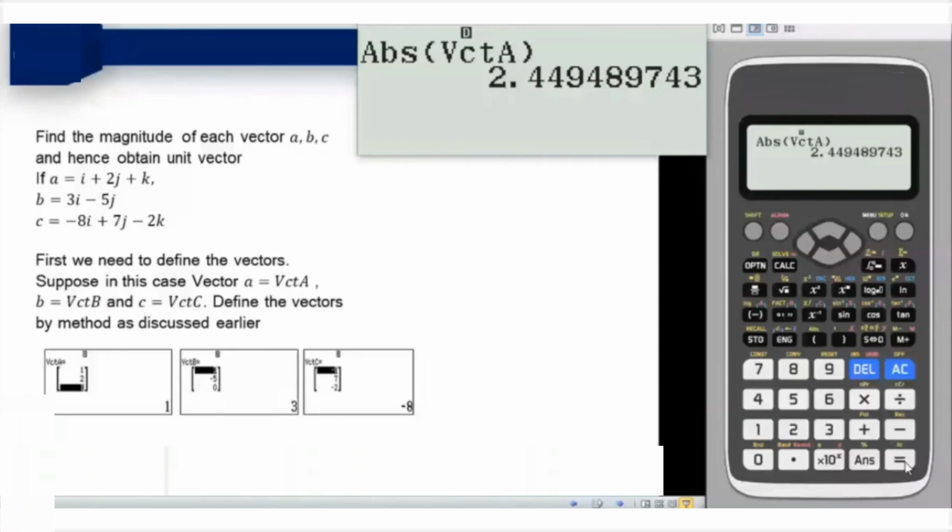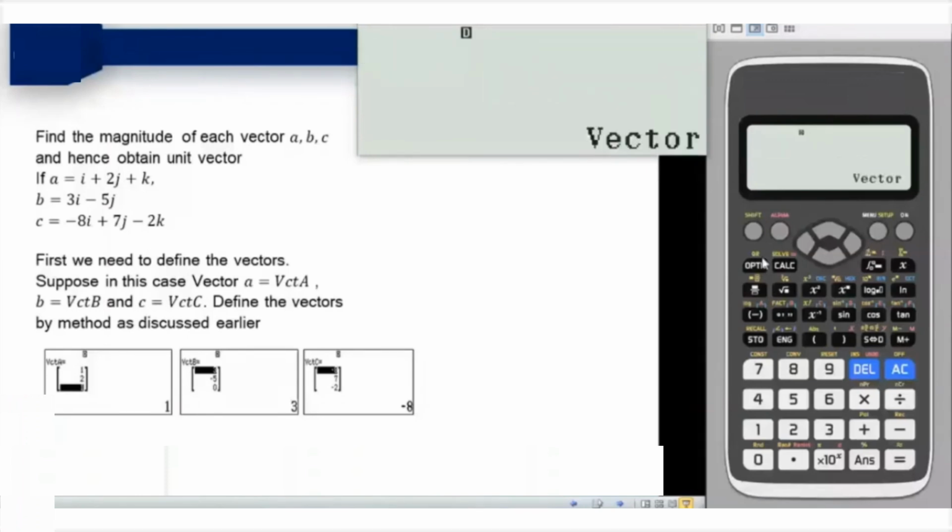Magnitude of vector A. Then you will press shift and bracket, absolute value function, option 4, which is vector B. You will close the bracket, you will get the magnitude of vector B.